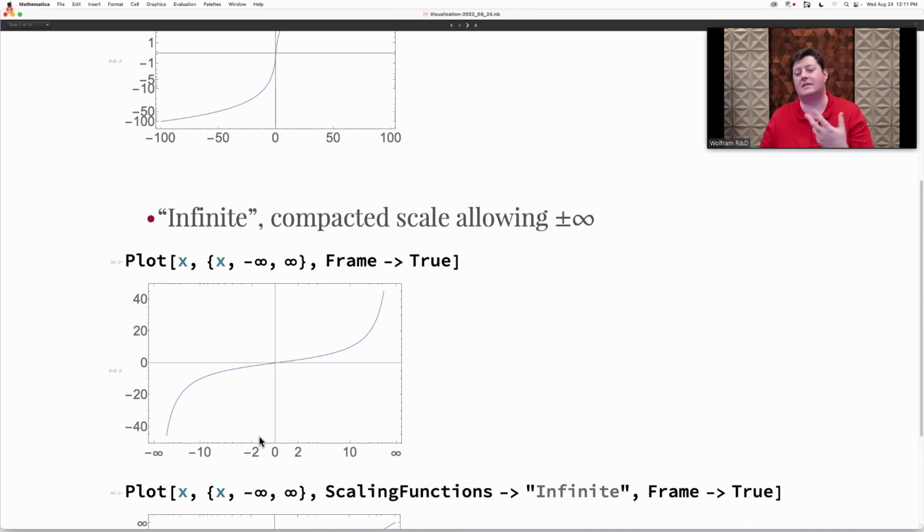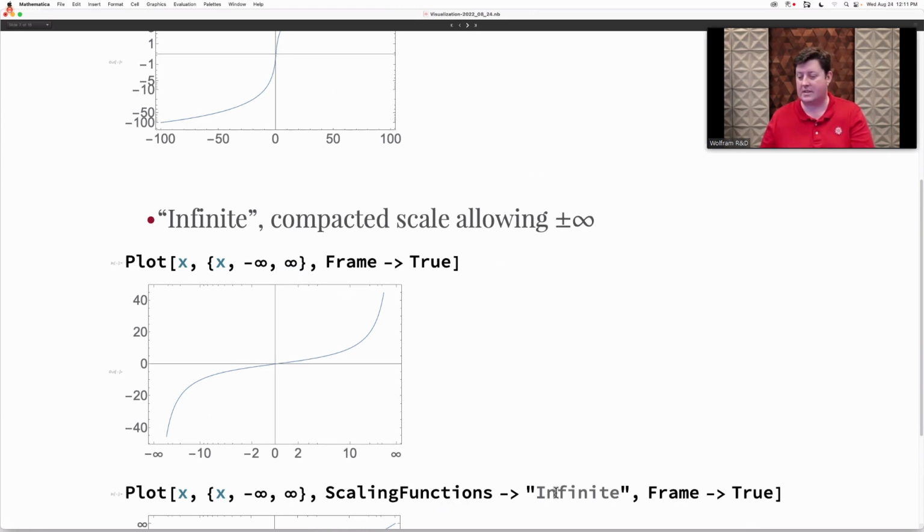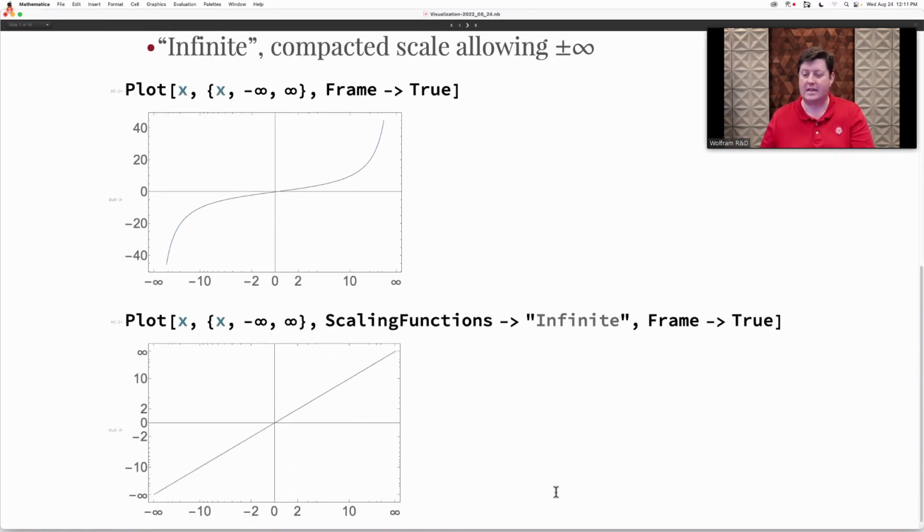Like I said, this is done automatically if you have these limits as infinite values, or you can specify it explicitly. In this case, I'm doing the same plot, except I'm saying that I also want the y-axis to be an infinite scale. So then we have infinities on the y-axis, and our line has straightened back out into a line, and the nonlinear transforms have canceled each other out in this case.